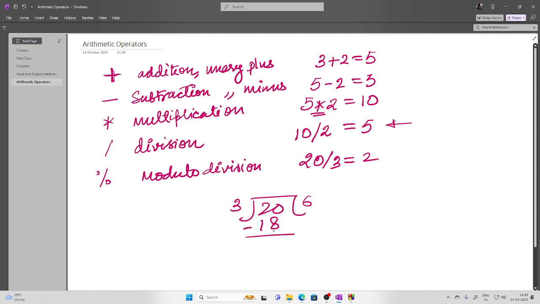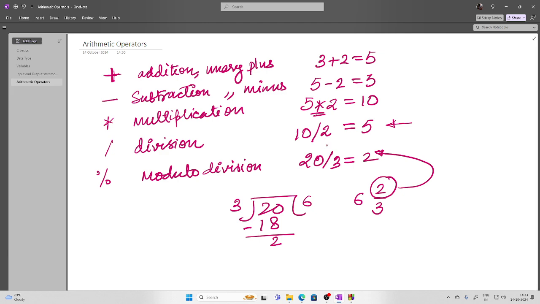What is the remainder? It is 2. So this is basically 6 whole 2 by 3, and this is the output of your modulo operator. Sorry, it should be this one, the percentage sign. This percentage is nothing but the modulo operator, and this will always return you the remainder.